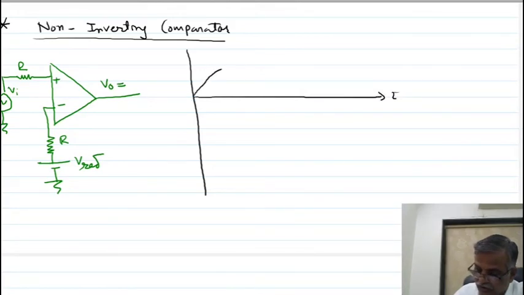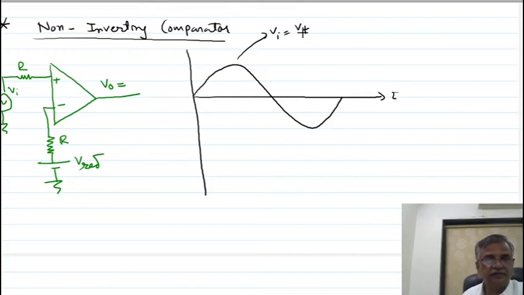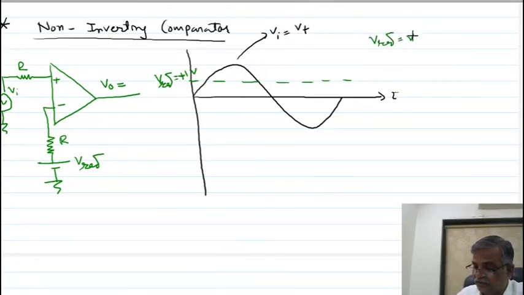This is the input you have given to the non-inverting terminal, and you kept your reference voltage at plus 1 volt. This is V reference, you gave plus 1 volt. Suppose, just to explain, V reference is 1 volt.